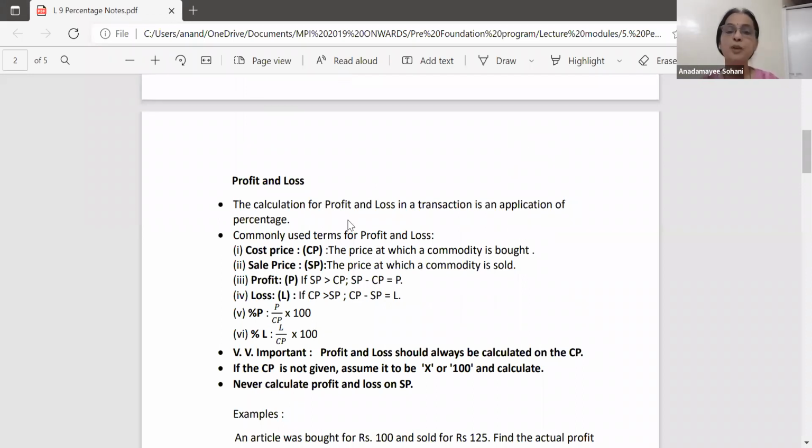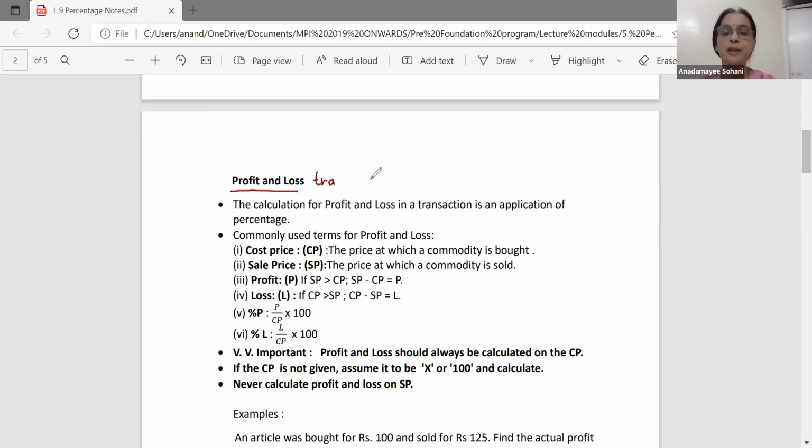We are going to look at one application of percent because we have a very small timeline over here. So we will learn the application of percentage in the concept of profit and loss of a transaction. We can apply percent in simple and compound interest.